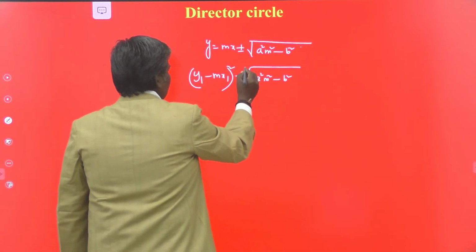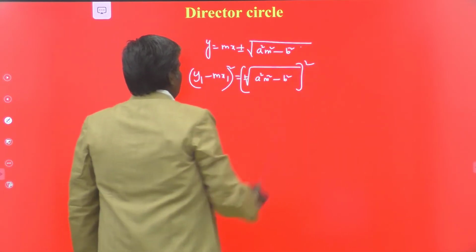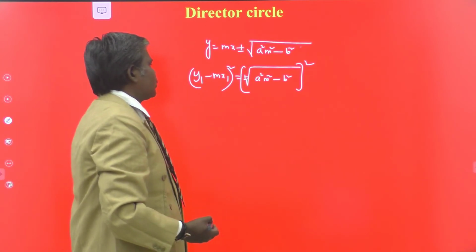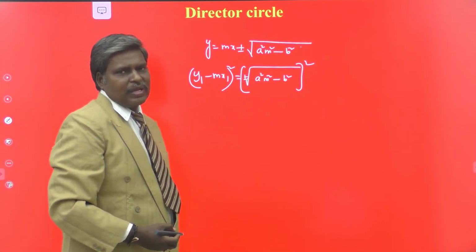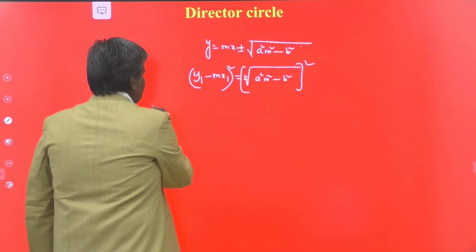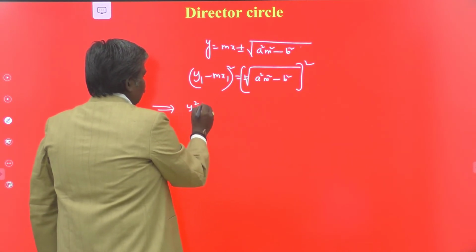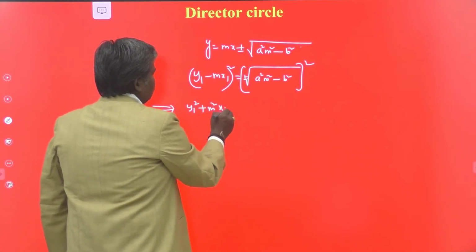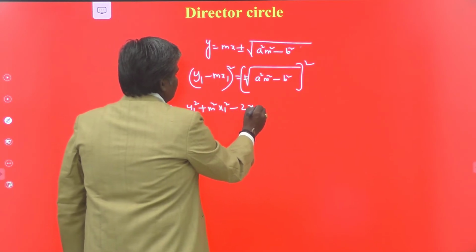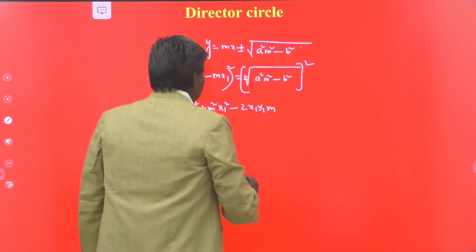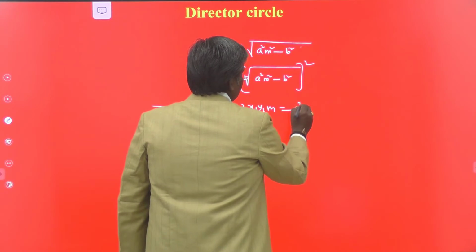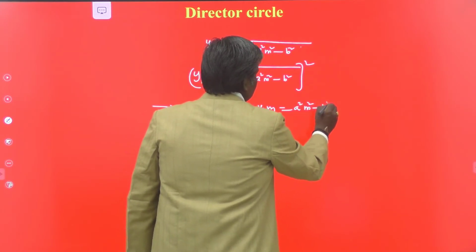You can square this. So (y1 − mx1)² = a²m² − b². On squaring, we get y1² + m²x1² − 2x1y1m = a²m² − b².